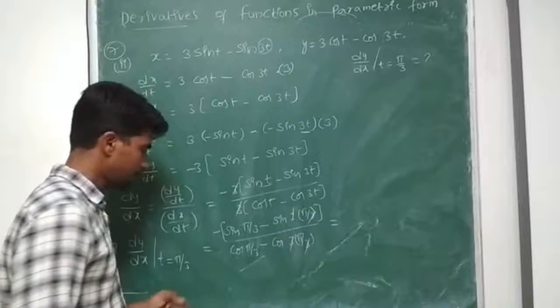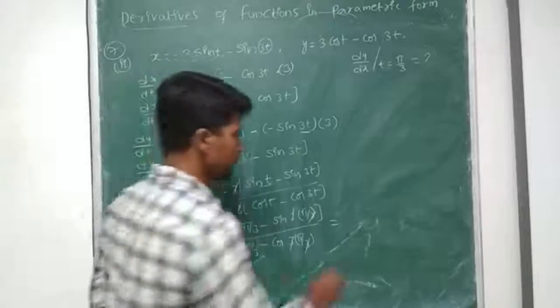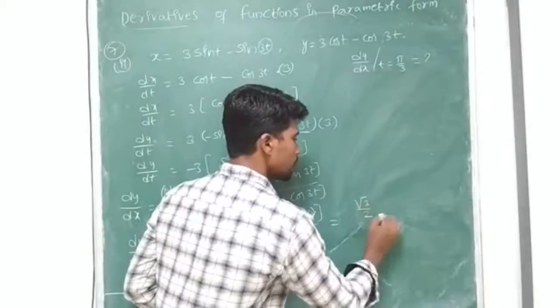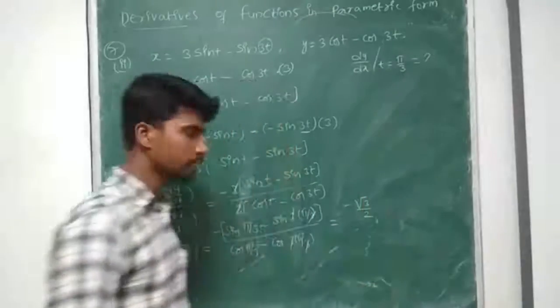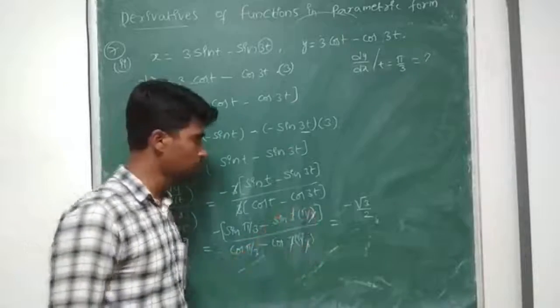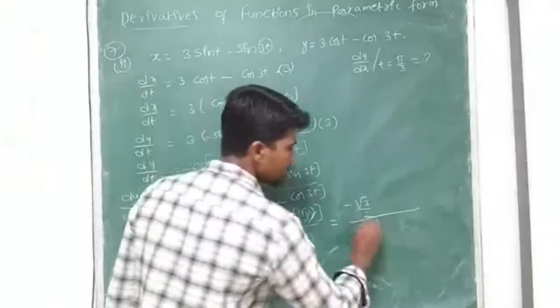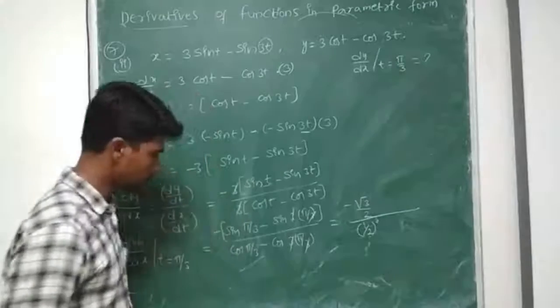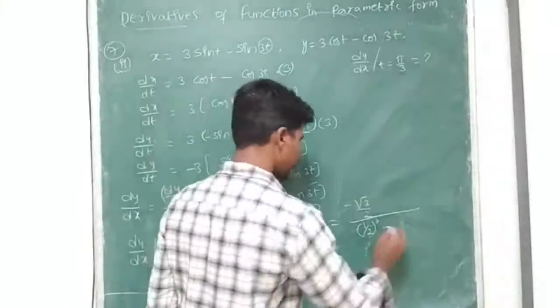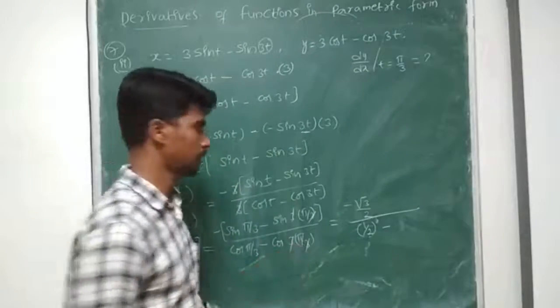I get sin pi by 3, which is root 3 by 2. Now minus sin of 180 degrees, divided by cos pi by 3, which is 1 by 2, minus cos pi, which is minus 1.